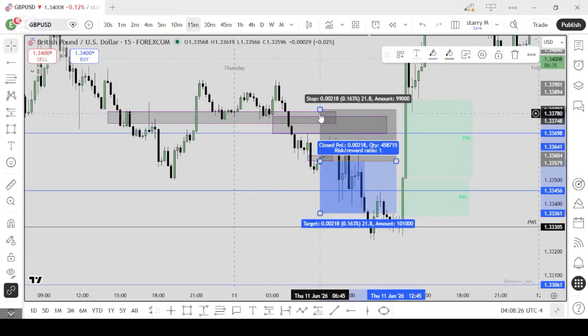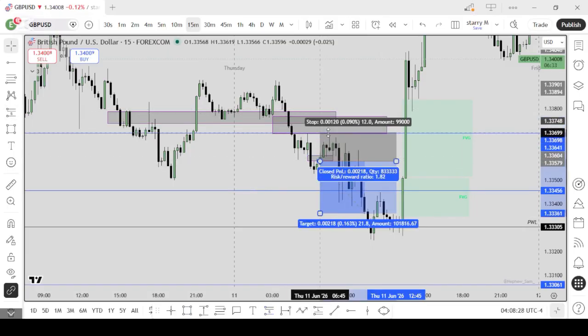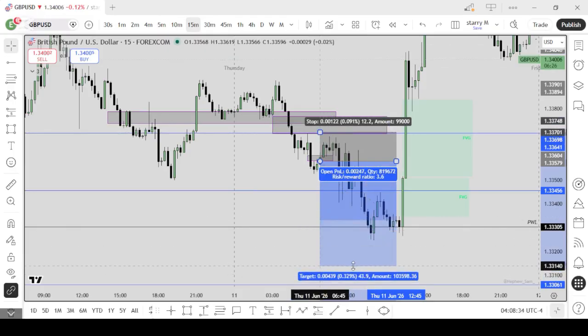Stop loss on that swing. TP, it was a 1:4 until somewhere here.